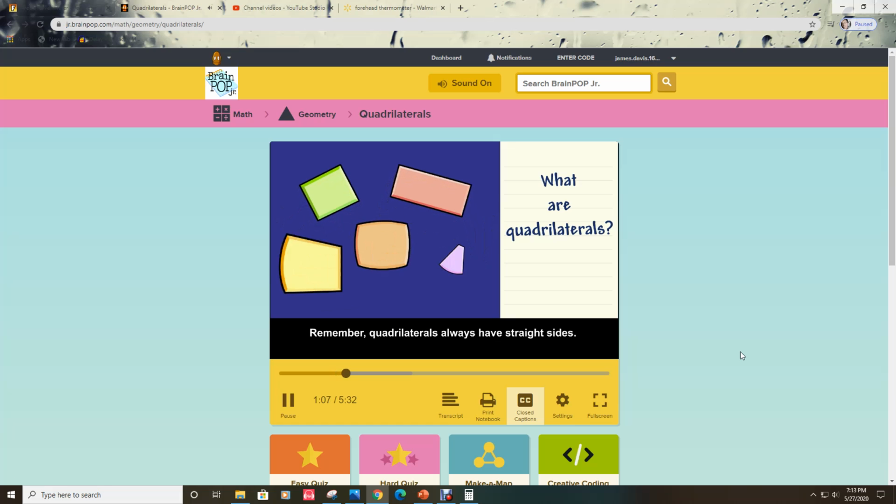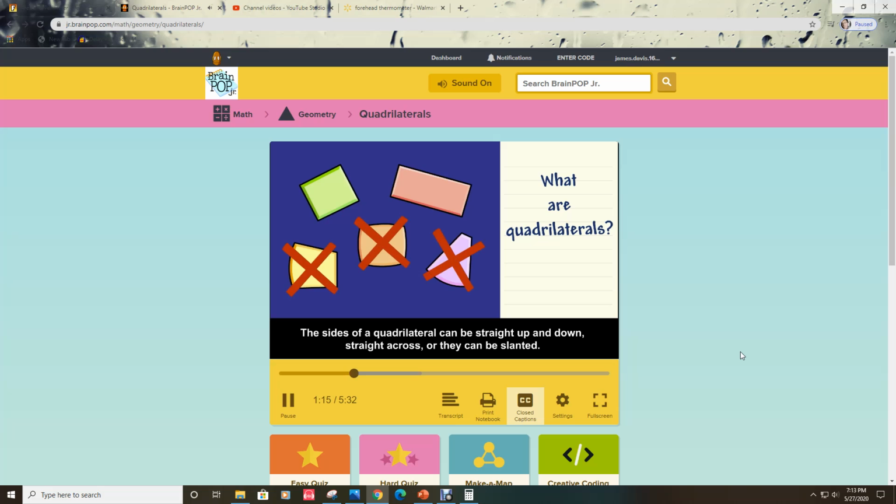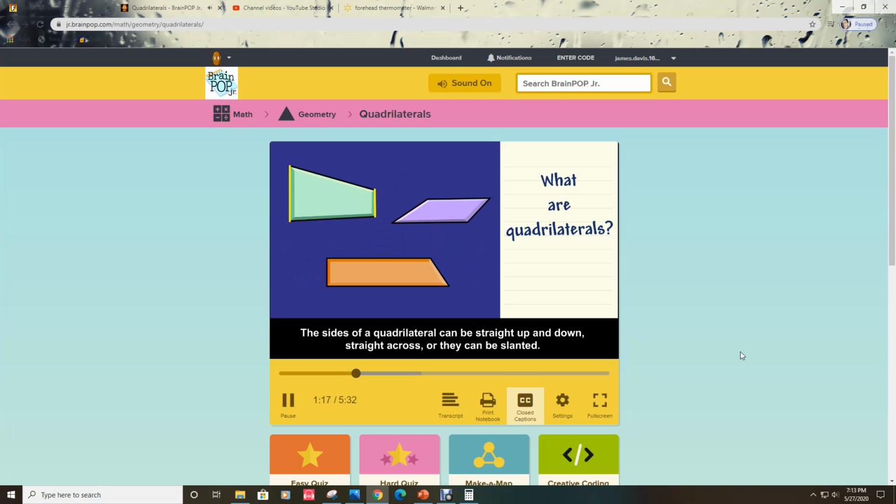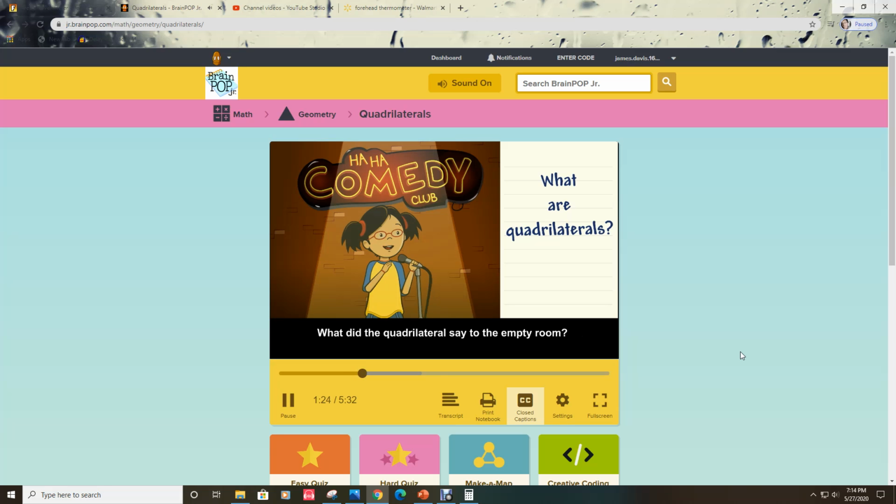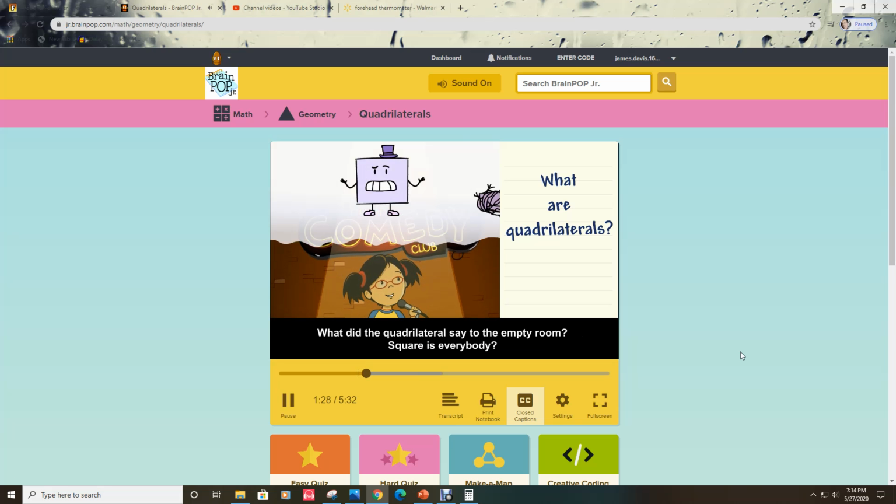Remember, quadrilaterals always have straight sides. So these shapes aren't quadrilaterals. The sides of a quadrilateral can be straight up and down, straight across, or they can be slanted. What did the quadrilateral say to the empty room? Square is everybody.